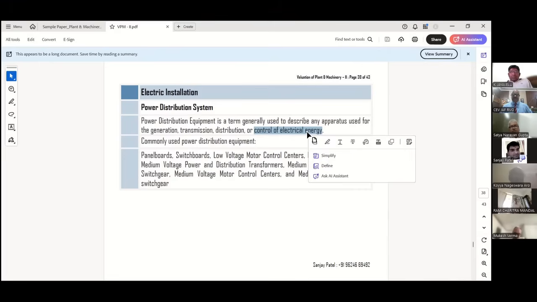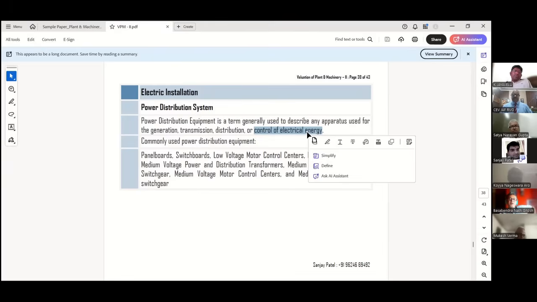So first you will find a transformer. Before a transformer, there is a CTPT. From that again switch gear, then transformer. Then again switch gear.